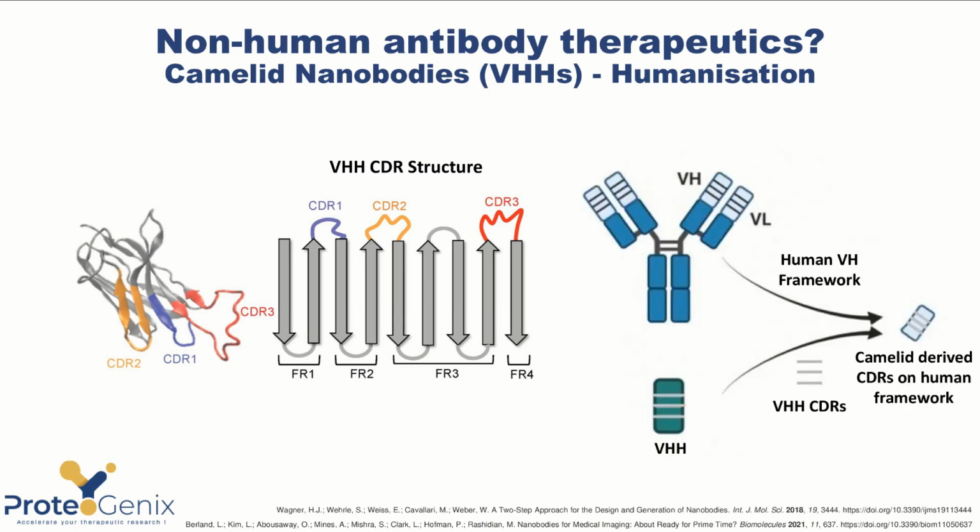Thus, once we have identified the nanobody with the specificity we require, we can take these CDR sequences and graft them onto the framework of the relatively similar human variable heavy region, with some design and changes, called back mutations, in order to ensure that binding specificity is maintained. We can thus end up with a humanized nanobody, with all of the advantages that the format brings, without the disadvantage of a non-human antibody.